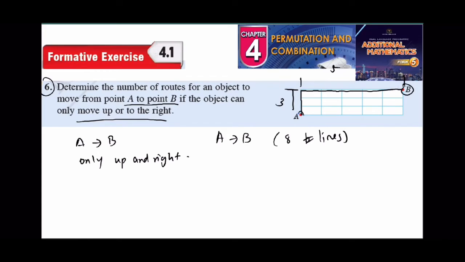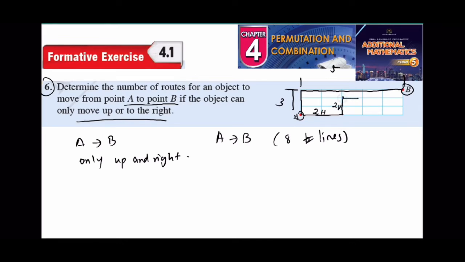So that means, let's say we choose another way, this is 2 steps to the right, upward 2 steps, and then moving to the right another 3 steps and 1 step upward.